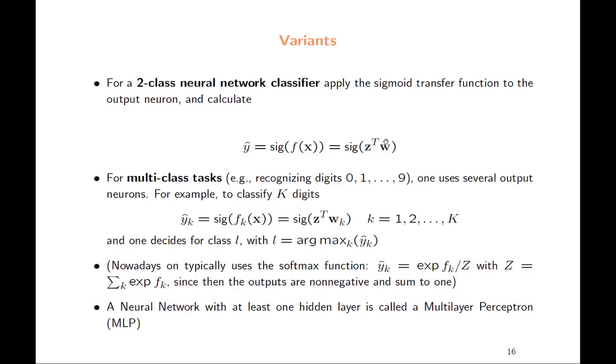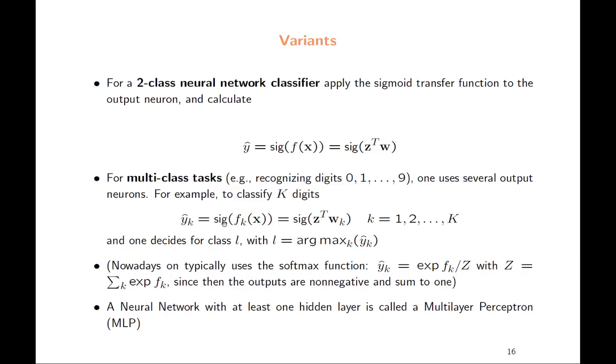And traditionally, people also worked with problems where you want to assign an input to one out of k classes. For example, in digit recognition, OCR, you have 10 outputs, 0 to 9. But you only use one neural network. I'll show you in a second. Then you have k outputs, one for every class, so one for every digit.